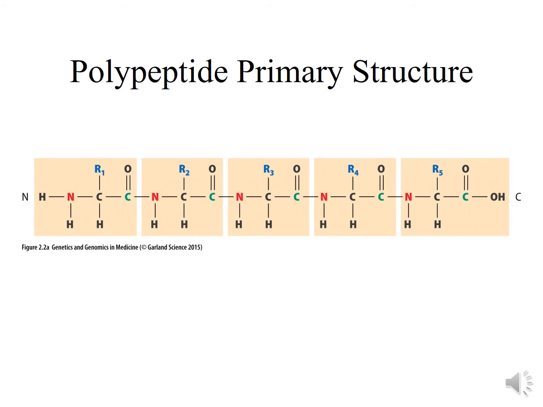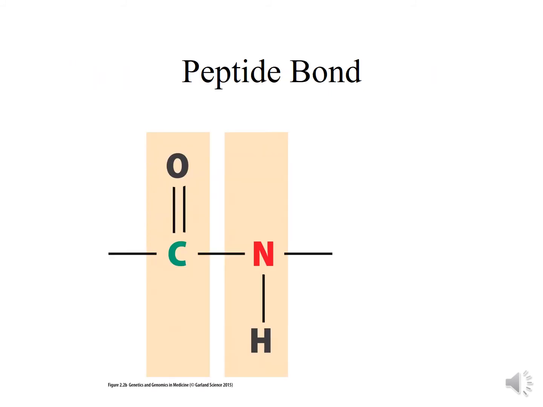You will notice the type of bond that is joining. This is an amide bond, and it joins adjacent amino acids together in the polypeptide chain. Down here are the neighboring amino acids joined together in the peptide bond.